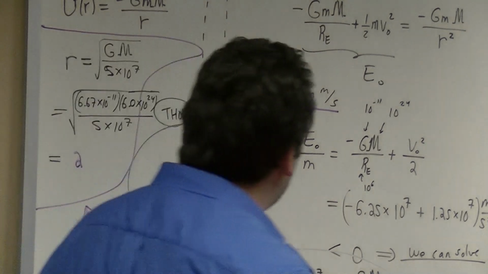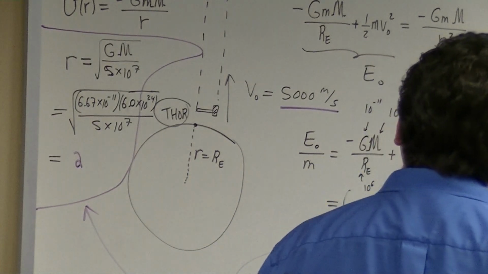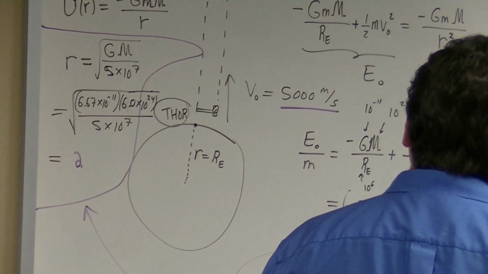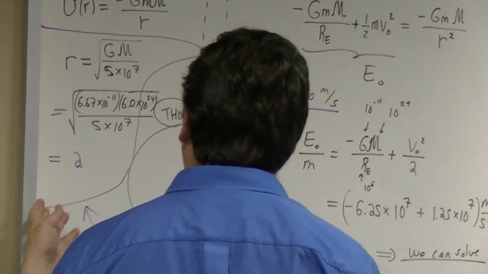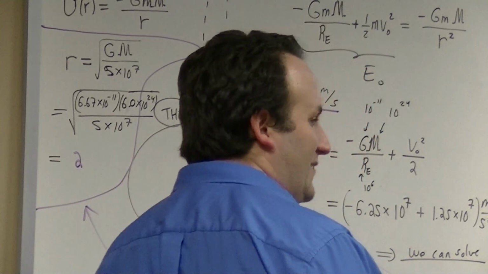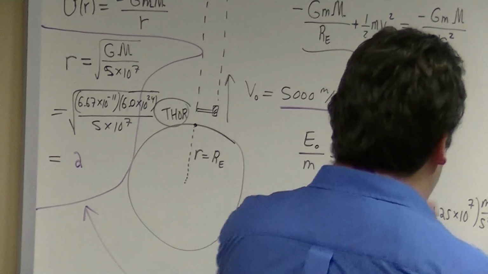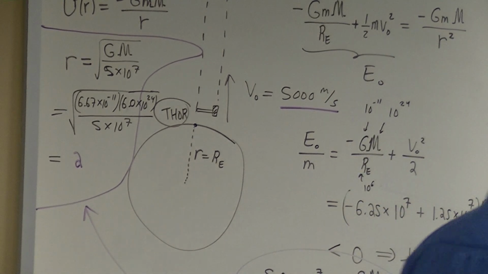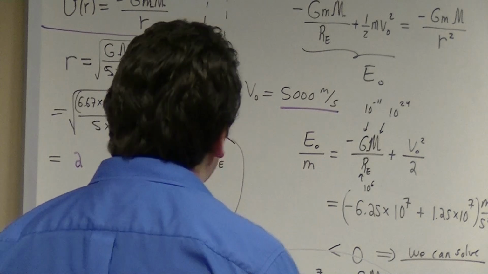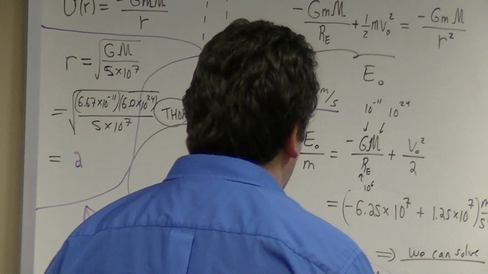Did I miss something here? Well, yeah, that makes it worse, though. I have to subtract the radius of the Earth off of it. That's inside the Earth. Doesn't make sense. There's a miscalculation here somewhere.